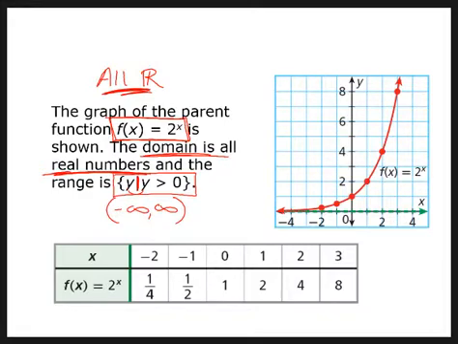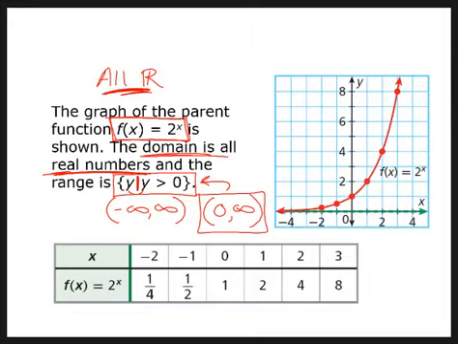They never actually touch 0, and they never go below 0. We'll talk a little bit more about that in a little bit. And that could be represented in a similar fashion if you're talking about all your y values being greater than 0. But we'll get into that as we go.